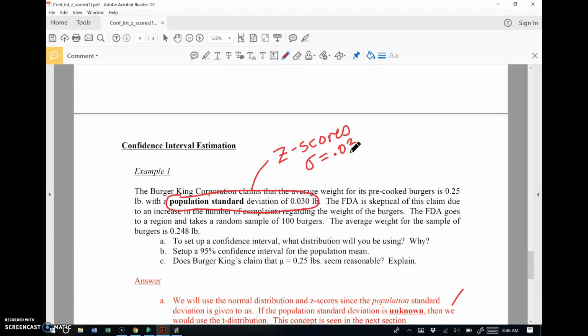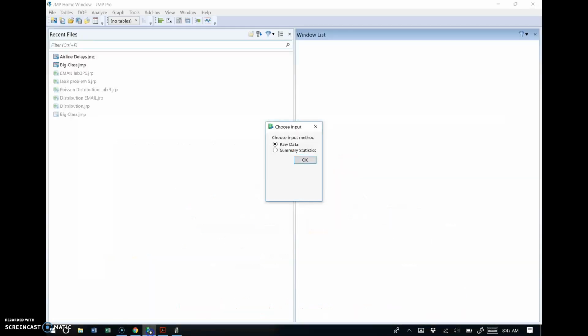We also have our sample, n of 100 hamburgers, and the sample mean, which is 0.248 of a pound. So I'm going to tell JUMP I've got the summary statistics, and say OK.